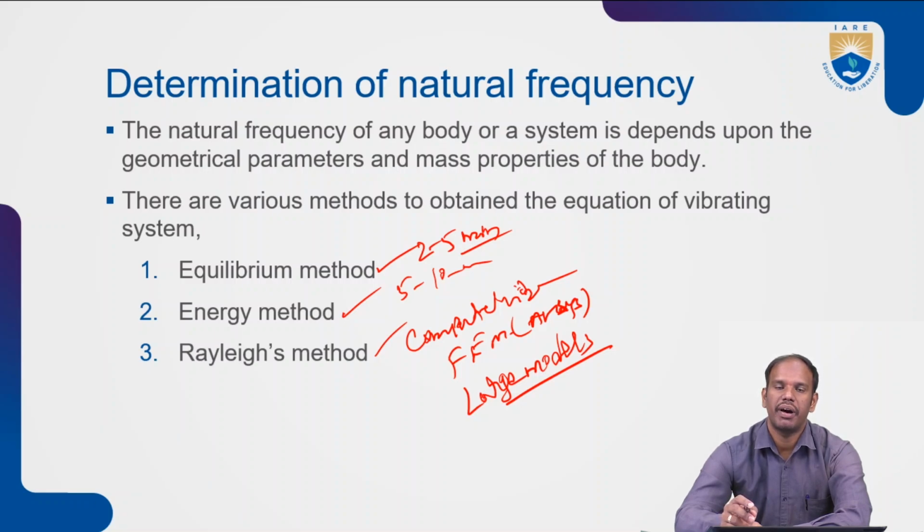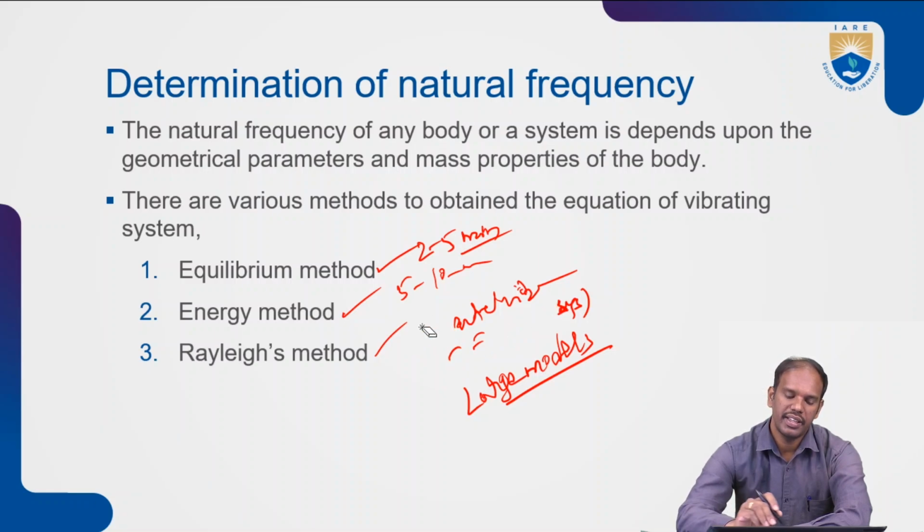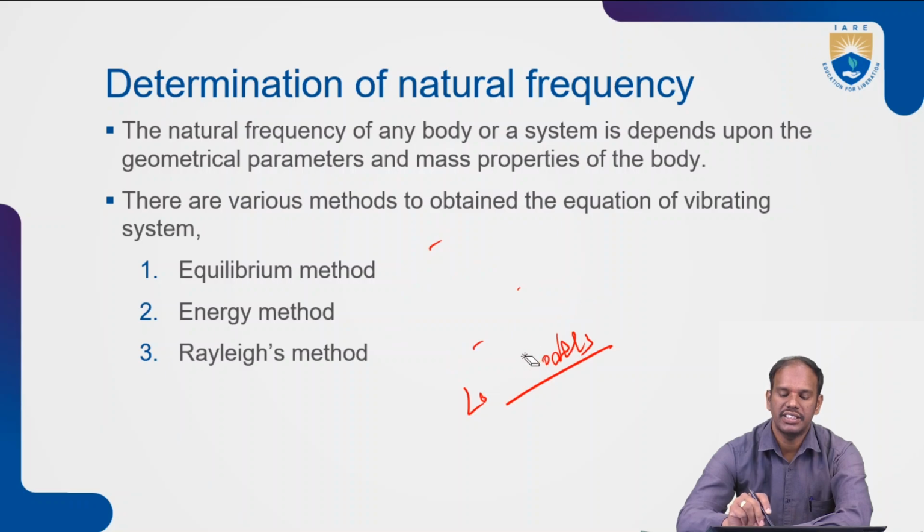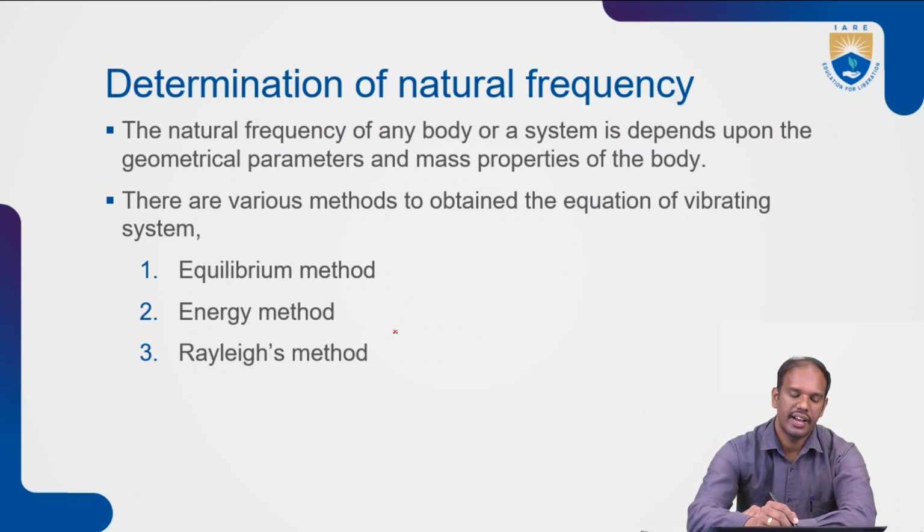All the body parts have different mass properties and different variations. In the Rayleigh-Ritz method, we can handle high densities, low densities, and different conditions. And the Rayleigh-Ritz method is especially used in FEM methods.